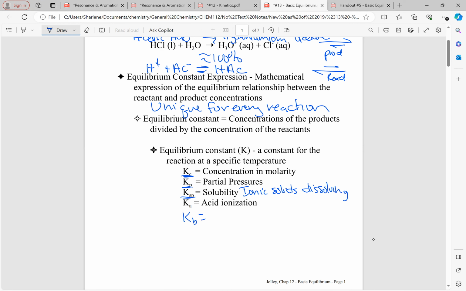Kb is for base. And technically, is it ionization? Okay, so I'm just going to put base right there. And then Kf and Kd, formation and breakup. And that's what the subscripts mean. You do not have to have a subscript. You can have a generic K value.